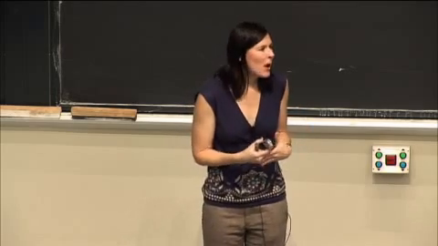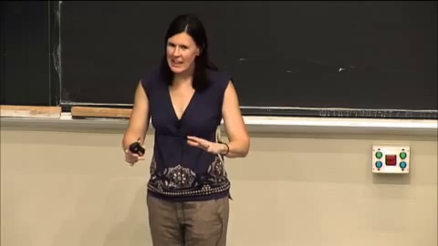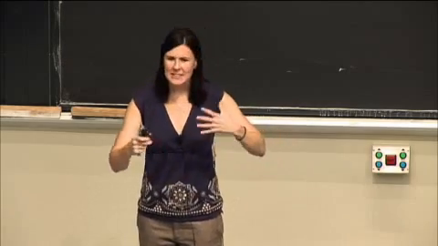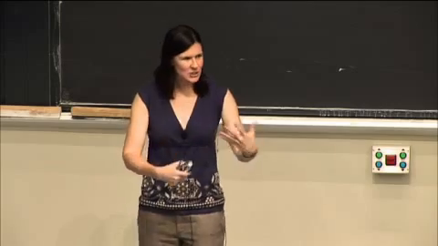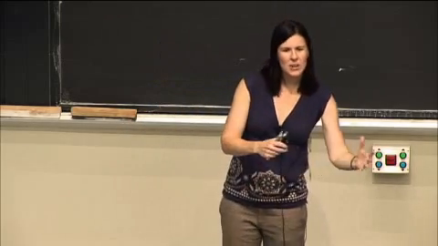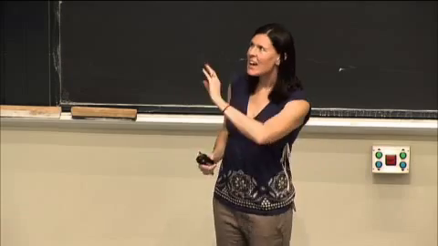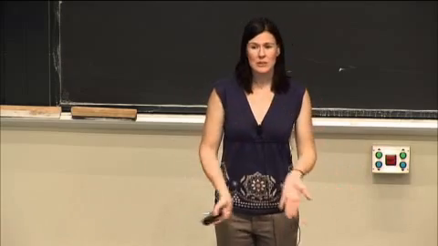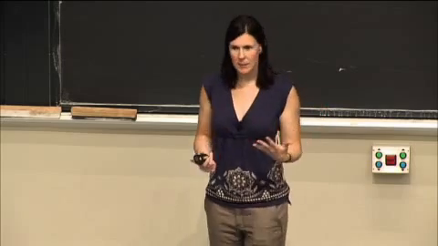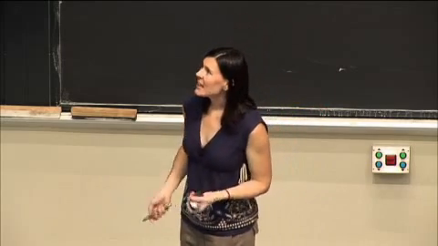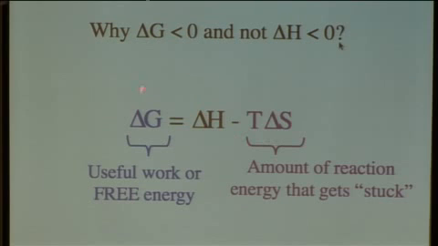So for example, molecules, which we don't really go into in this class, have vibrational movements, they have rotational movements, there's energy associated with that that can sort of get stuck, as we could say, some of the enthalpy that's released in terms of forming and breaking the bonds in our reaction. So that's a case where we could see that we have a negative delta H, but we still end up with a positive delta G.